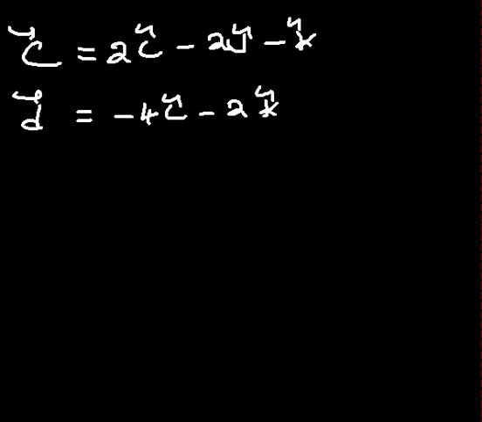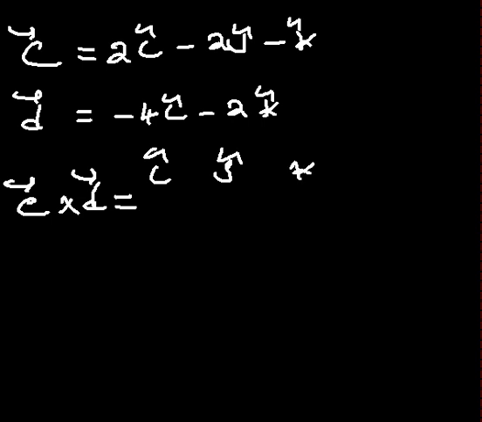So now the principle remains the same. The cross product of the vector c and the vector d has to be given by presenting the components in a specific manner like this. The principle is the same, nothing new here.